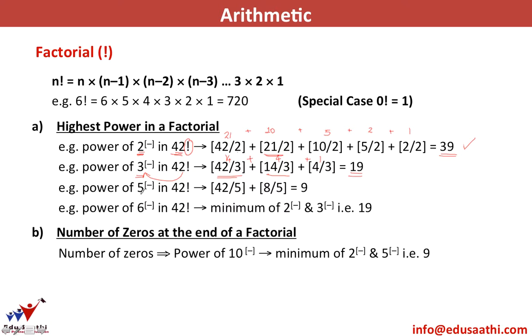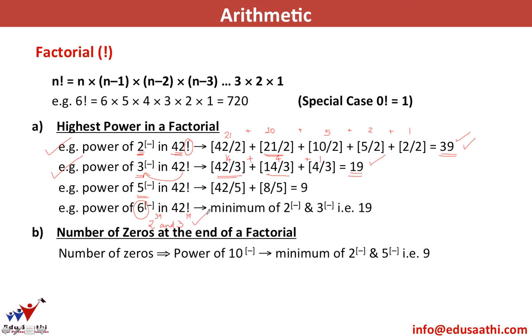So similarly, I can find it for 5. Now, when I'm coming to 6, 6 is not a prime number. 6 is composed of 2 and 3. So what I'll do is I'll try to break down the question and find out the highest power of 2 and the highest power of 3. Since I know the highest power of 2 is 39 and the highest power of 3 is 19, I would look at both of these powers, and now 6 can only be formed when I multiply 2 with 3.